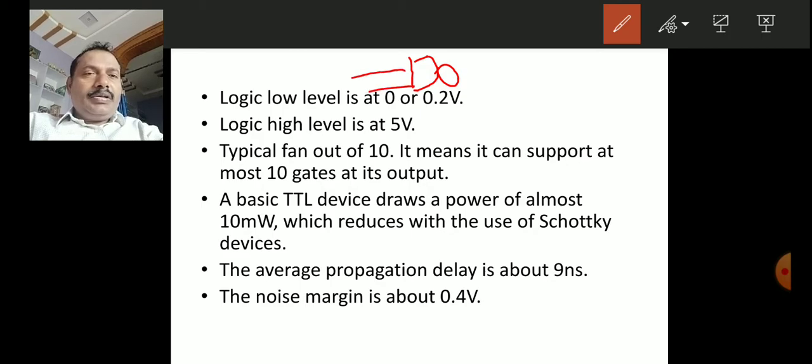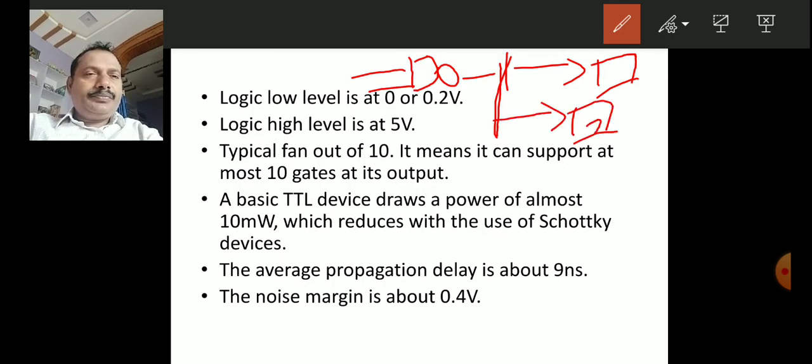These outputs you can connect to a maximum of device 1, device 2, like this, and so on, up to device 10 or 12, maximum 12 is possible.